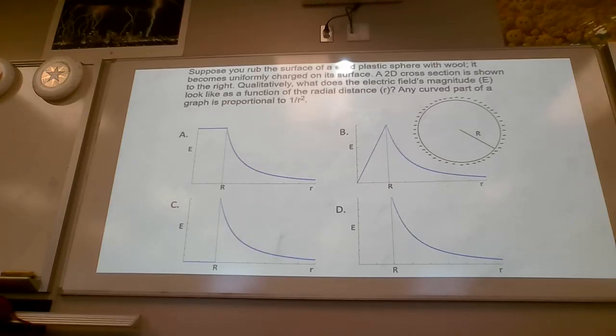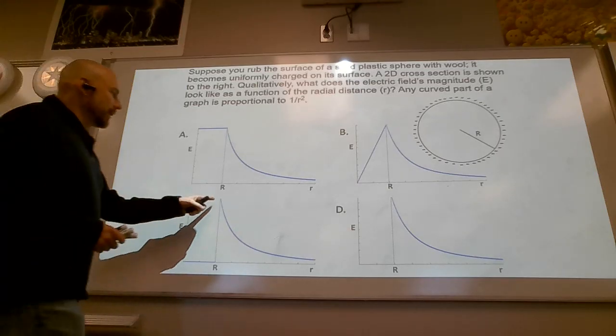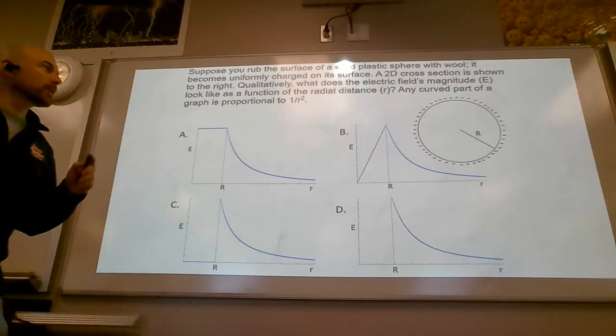Correct answer is C. Inside is 0, outside it behaves like a point charge.